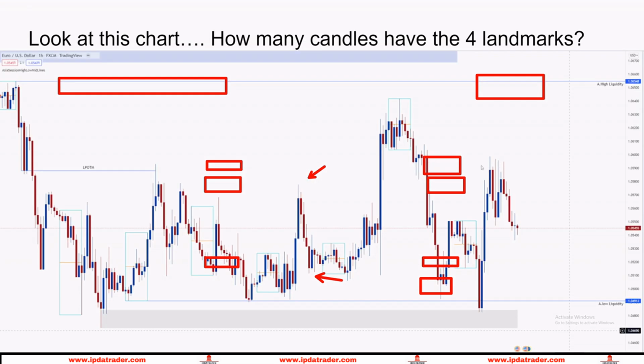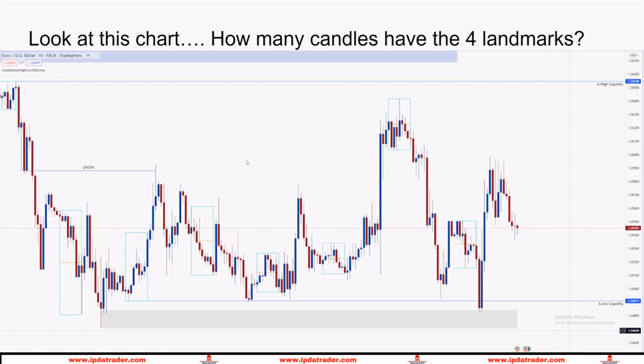We're going to be continuing over here, and I want you to look at this chart and not worry, we're going to get into candle formation in a second. This is your USD on the 1 hour time frame, the recent price action.